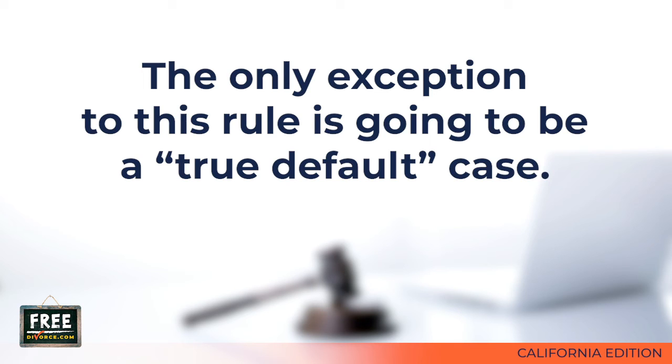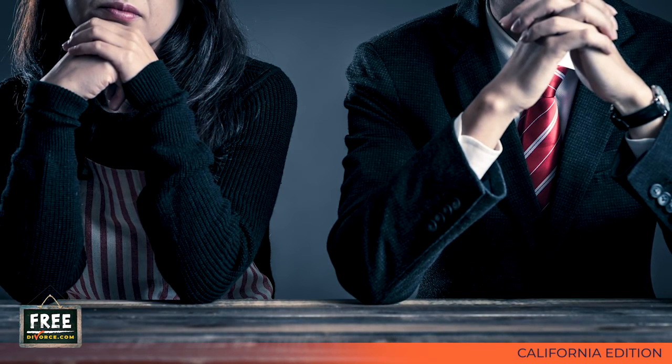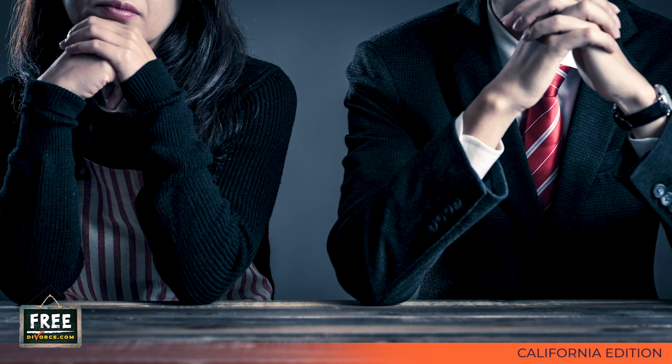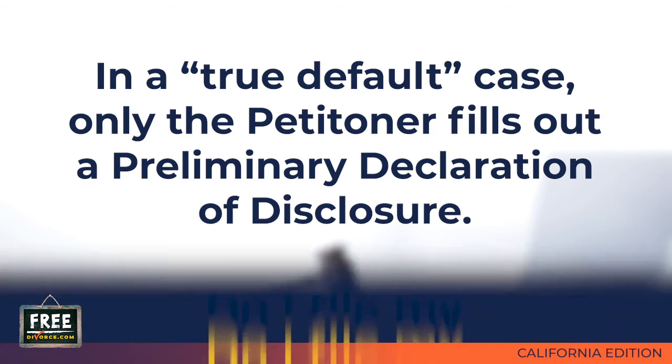In a true default case, one of the spouses is not cooperating. Your spouse is never going to engage in the divorce process, is going to ignore the entire court proceeding, so then your spouse obviously is not going to be filling out their own preliminary declaration of disclosure. So in a true default case, only the petitioner fills out a preliminary declaration of disclosure.